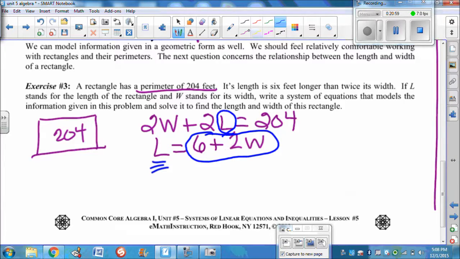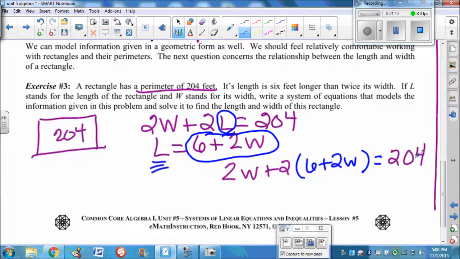So we could say 2W plus 2 times (6 plus 2W) equals that 204. That's going to give you, I'm just going to find that answer real quick. So you can stop here. Your W is going to come out to be 32, and then when you substitute back in, your length is going to come out to be 70.